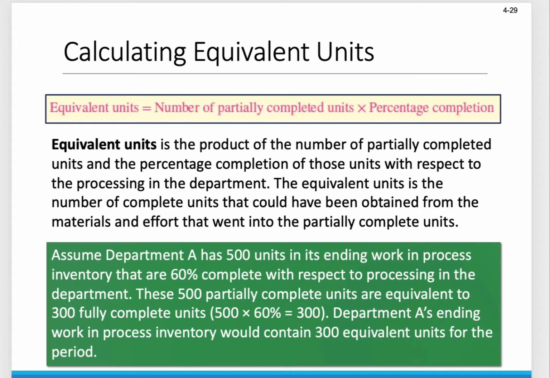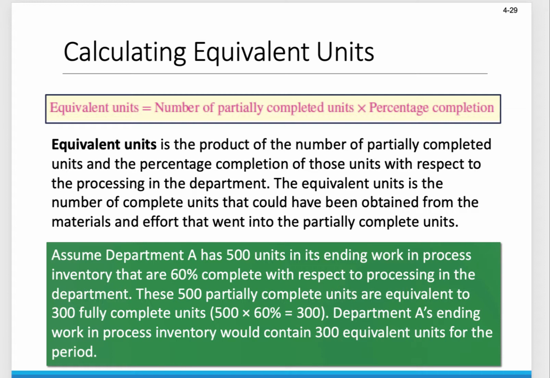So all we really want to do here is multiply the number of partially completed units by that percentage of completion. Let's just say, for example, that 2 half-completed products are equivalent to one completed product. When we're restating that ending inventory, we're saying we have 2 half-completed products, which technically is equivalent to having one completed unit.